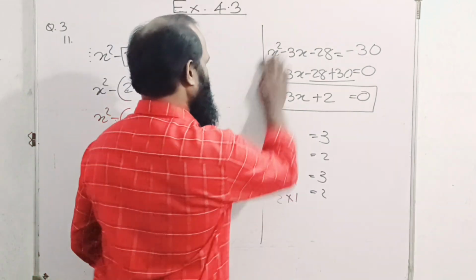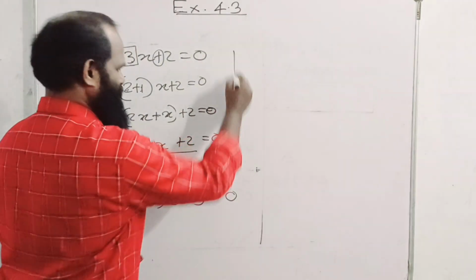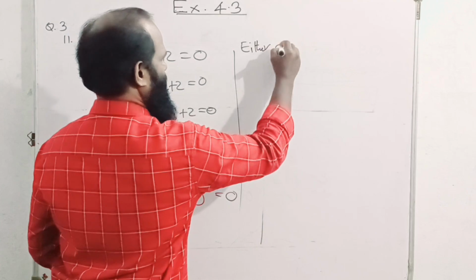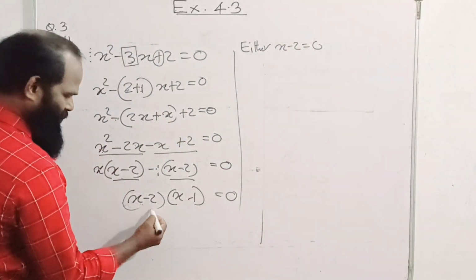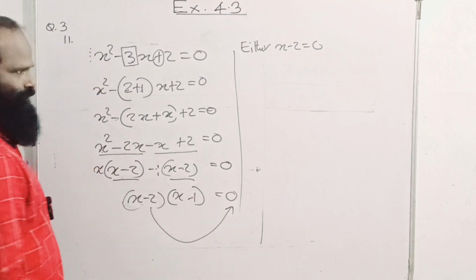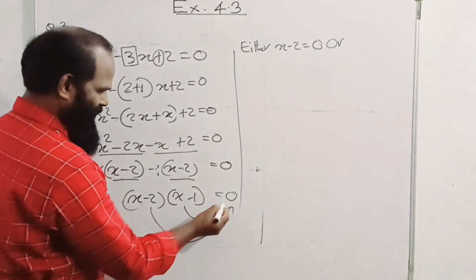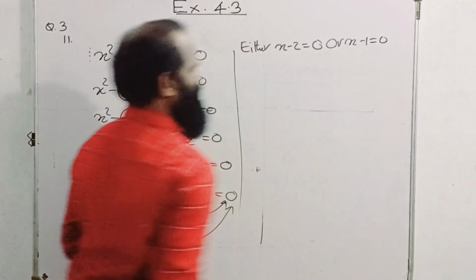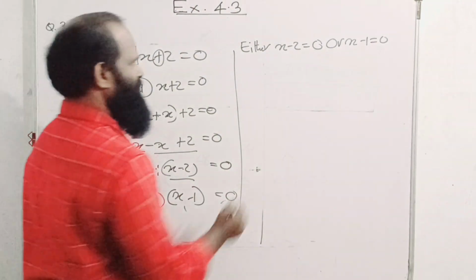Let us now find the value of x from these two binomials. We know either x minus 2 is equal to 0, or x minus 1 is equal to 0. So this is what we have got.